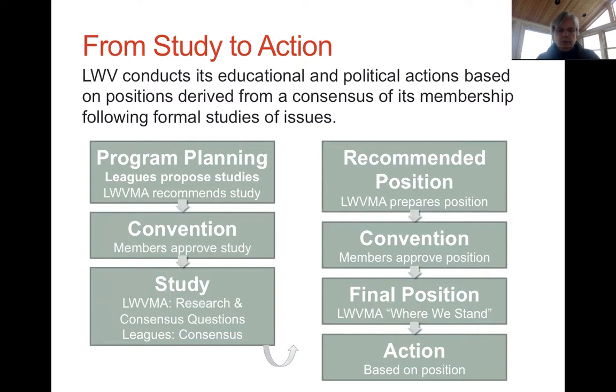League of Women Voters of Massachusetts does the research and consensus questions, and the local leagues reach consensus through their consensus meetings. Then a recommended position is prepared by the state league, and the convention approves the position. The final position is put in Where We Stand, and then action can be taken based on that position.